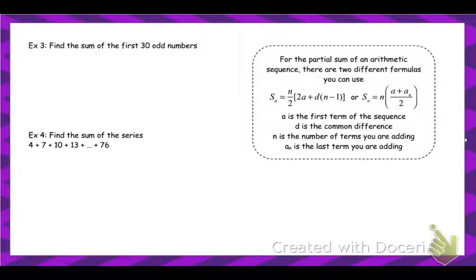All right, so what we're also going to look at are partial sums. There are actually 2 different formulas that we can use for partial sums for arithmetic sequences. The second one is probably the one that makes the most sense logically, and we'll look at that one first. If you think about what this formula is saying, the sum of a set number of terms is equal to the number of terms times the first term plus the last term, divided by 2.